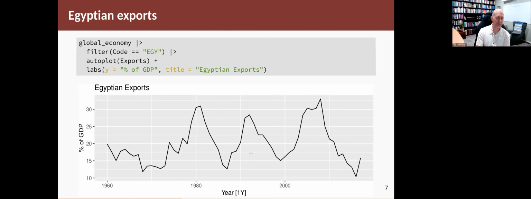Okay, let's try this out on some data. Here I have Egyptian export data from the global economy dataset. I've filtered out just the Egyptian part of the data, and I'm plotting the data for exports. It looks like you've got a little bit of cyclic behavior going on like this.